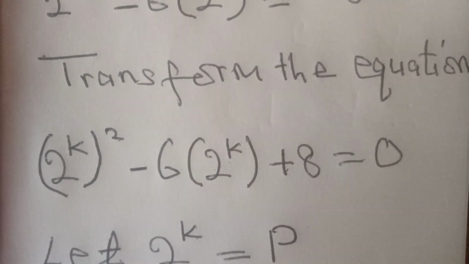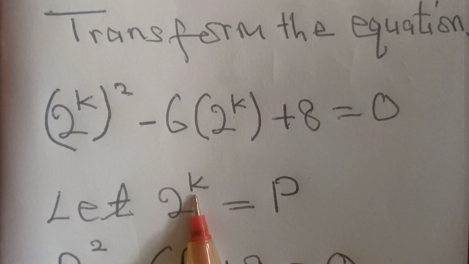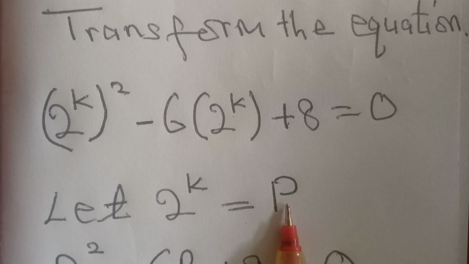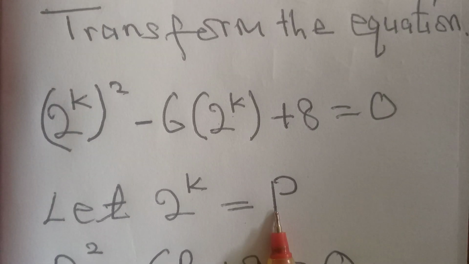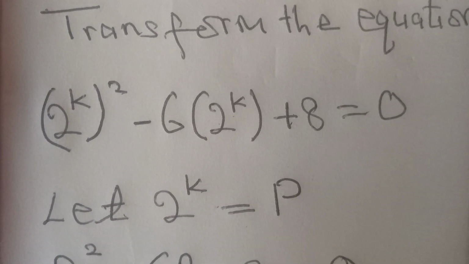So you can now make your assumption. You can assume that let 2 raised to power k equals to p. You can use any letter of your choice, but as for me, I like using p.